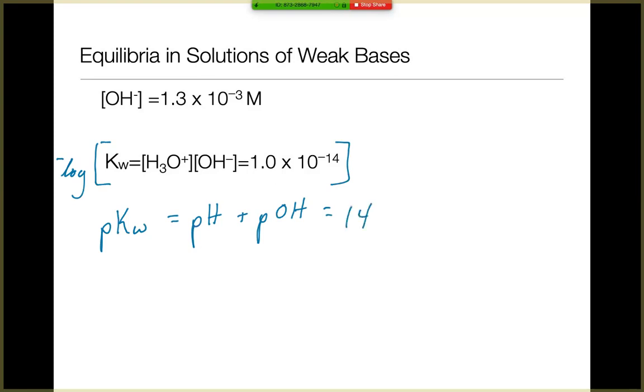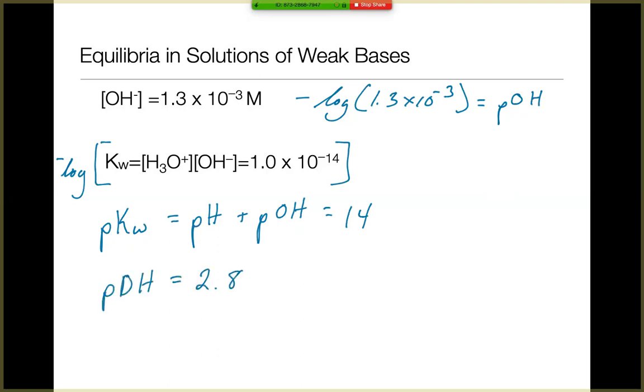So what I can do is take the negative log of 1.3 times 10 to the negative third. That will get me pOH. If I plug that into my calculator, I get a pOH equal to 2.89.